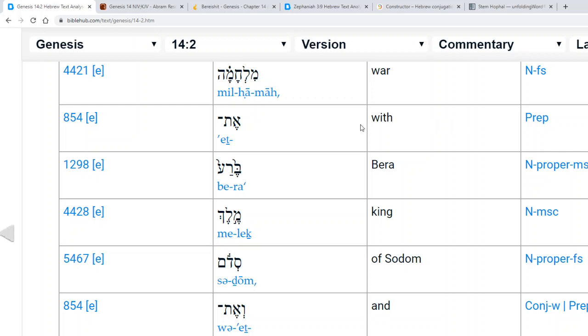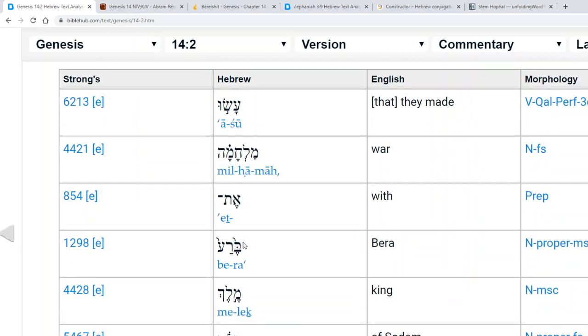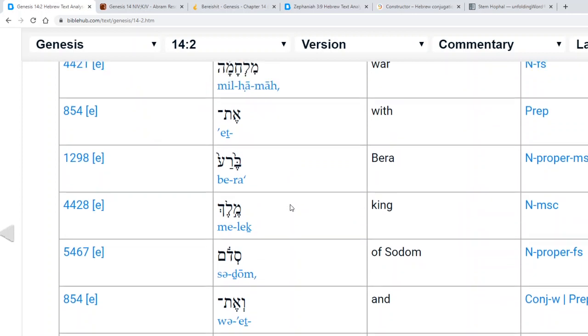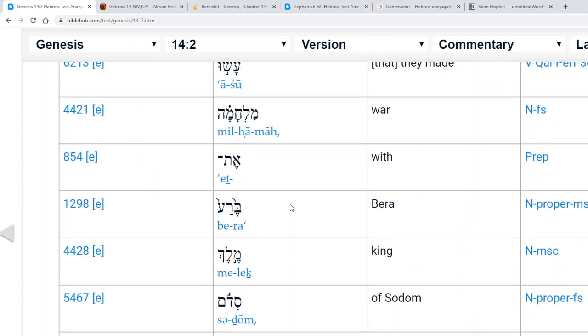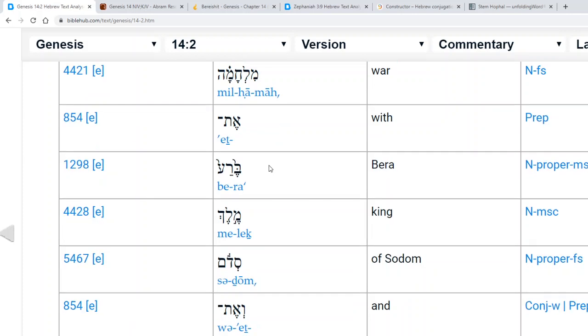If it was the preposition, it would be with. But if you were going to say that, it would mean that these people were together fighting. That's not the with that we're talking about here. It's not that they're fighting together as allies. They're actually fighting against each other, which is why I'm saying it's the direct object marker.